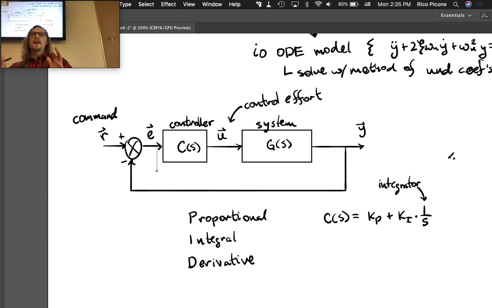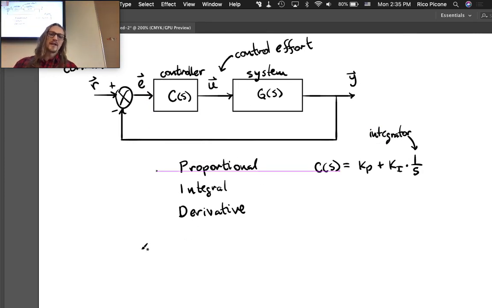And what it effectively does is it takes that error signal. So say e, we'll just say we have a scalar e. And over time, that error is maybe doing this sort of thing. But maybe it's staying small.